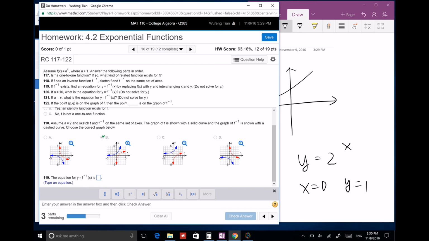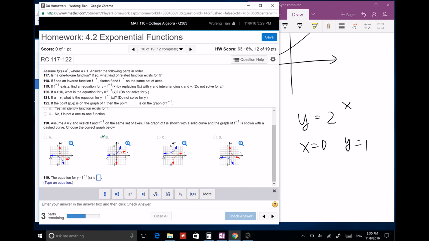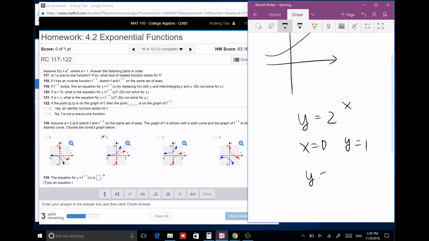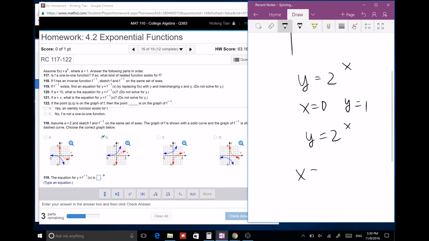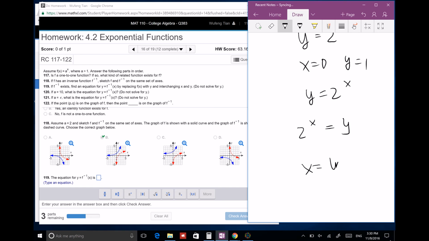So what's the inverse function? y equals 2 to the power x. Take the log on both sides: 2 to the power x equals y, and x equals log base 2 of y.